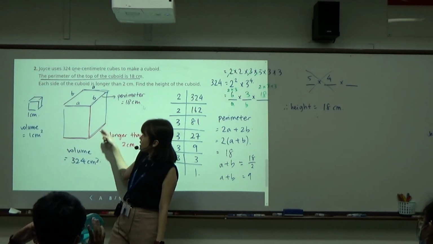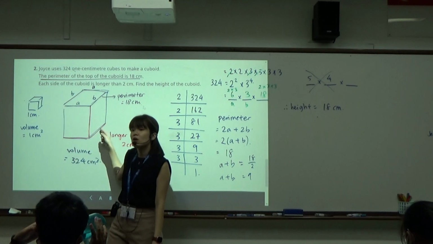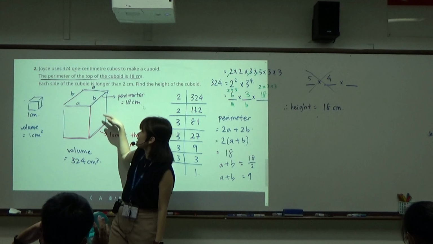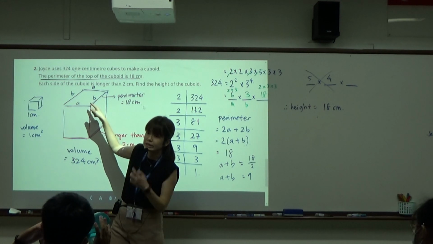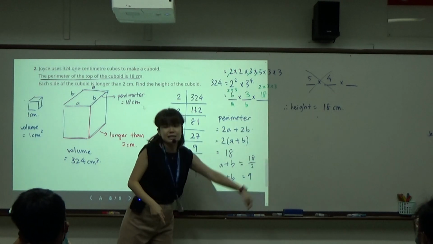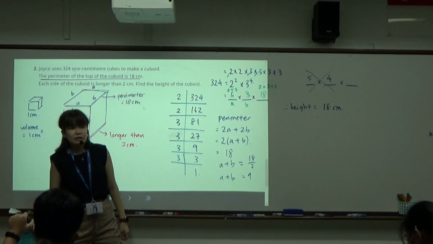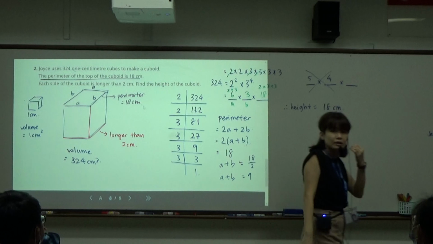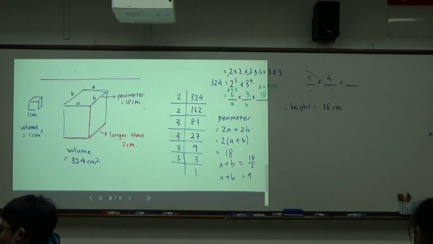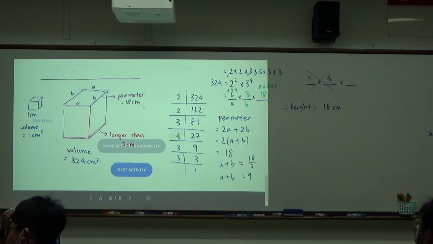So down here is A, down here is B already. And those are what we call length and breadth. Height is over here, right? So height doesn't count towards our perimeter. That's why, since we know that this is 18 already, our height must be the one that's 18. Okay? Any other questions? You all good? Do you all find this too fast or too slow?